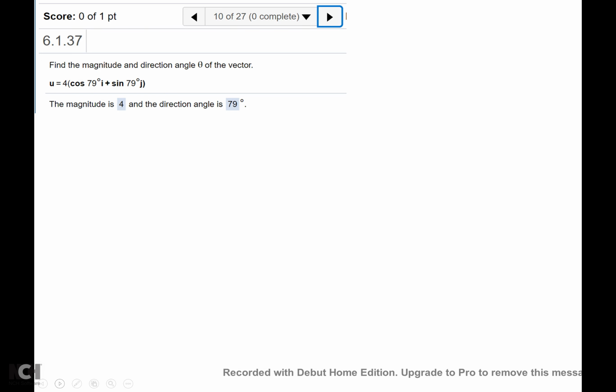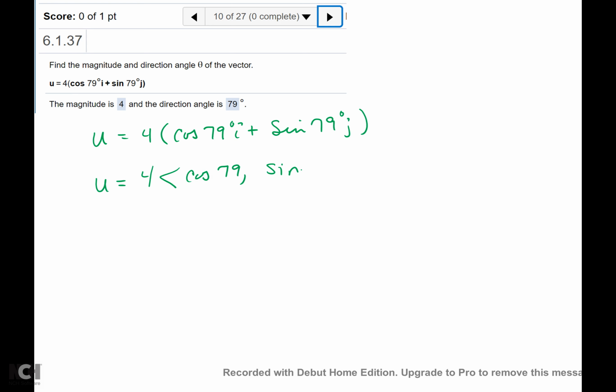This one says find the magnitude and direction angle theta of this vector. So what they're saying is u equals 4 times cosine 79 degrees i plus sine 79 degrees j. This is written in linear combination form. If I want to change it back to component form, I'm going to have 4 times cosine 79 comma 4 times sine 79.